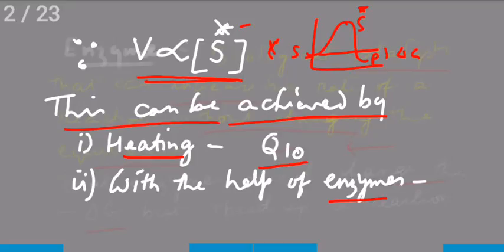After a certain temperature, the process becomes inhibited. There is also a Q10 temperature coefficient, which says that for every 10 degrees centigrade rise of temperature the rate of reaction doubles, but there is a limit. It does not cross 50 degrees centigrade in mesophilic organisms.